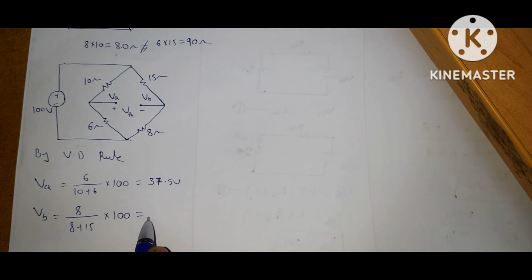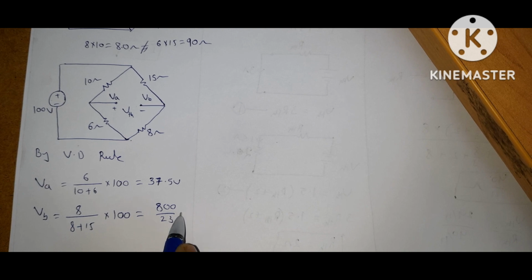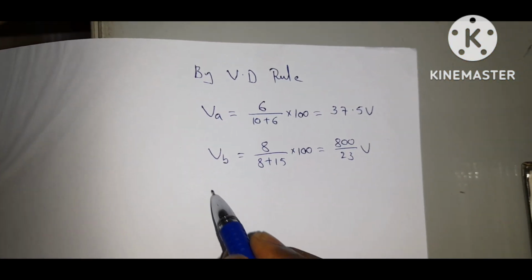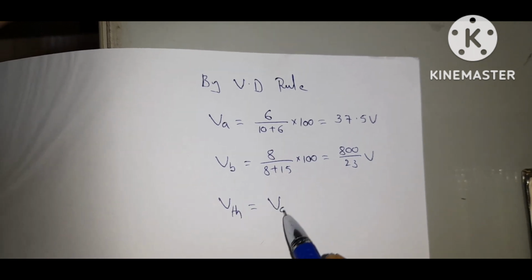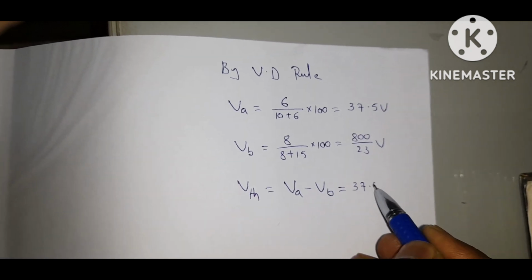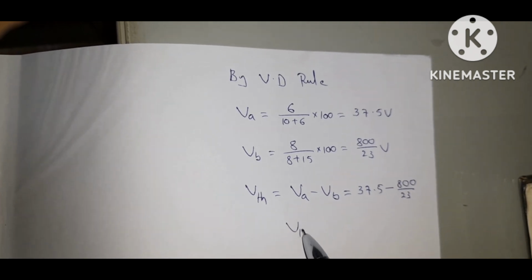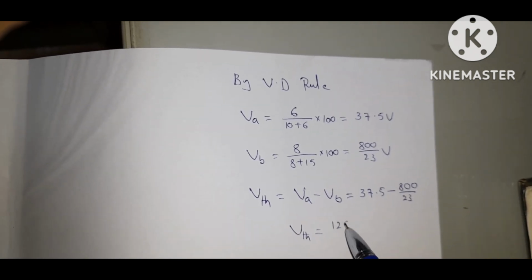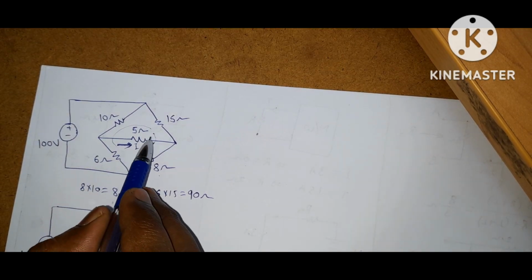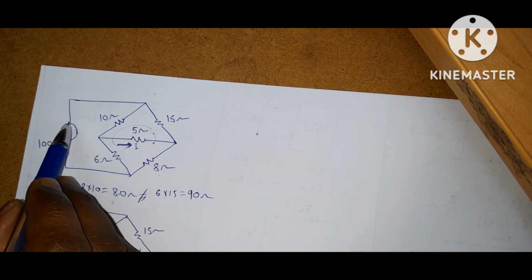If you solve this, you will get 800 by 23 volts. So by KVL, VThevenin is equal to VA minus VB, 37.5 minus 800 by 23. You will get VThevenin is equal to 125 by 46 volts.